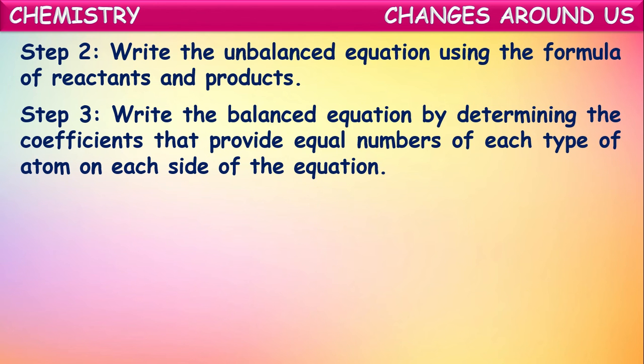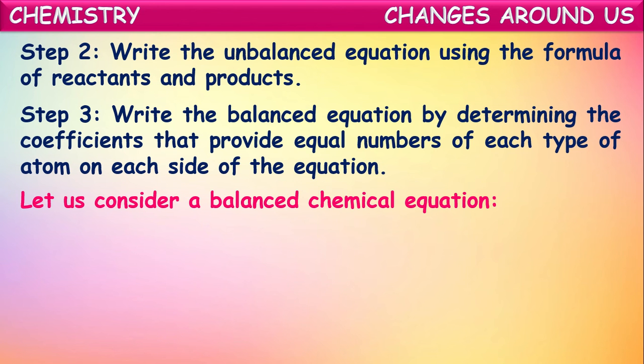And finally, we have to write the balanced equation by determining the coefficients that provide equal number of each type of atom on each side of the chemical equation. So after writing the equation, we have to use simple coefficients in front of the molecular formula of products and reactants such that the number of atoms of each element on both the sides of the equation will become equal. Then the equation obtained is called balanced chemical equation.